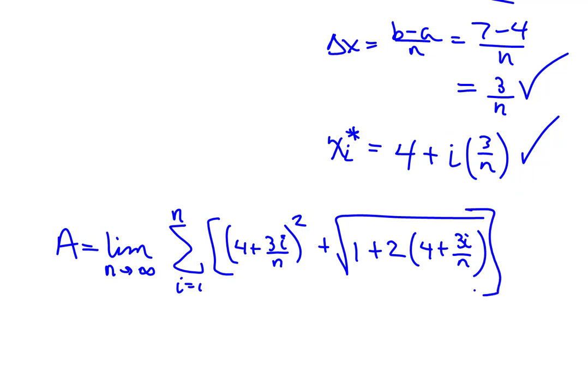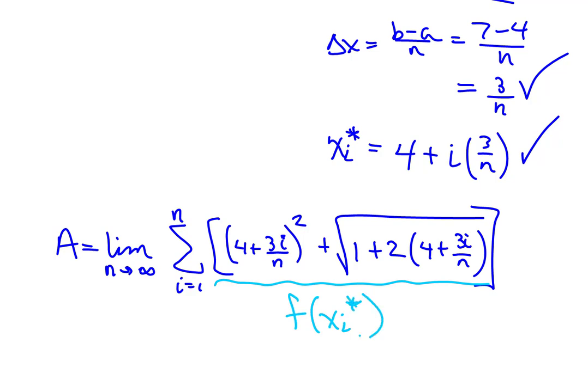But this, what we have in brackets here, is the f of x sub i star from our formula above. That's plugging in x sub i star to the f function defined above or given in this example, as we can now see. Now it looks kind of messy, but remember, we're not actually going to evaluate this at this point. We're just setting it up.